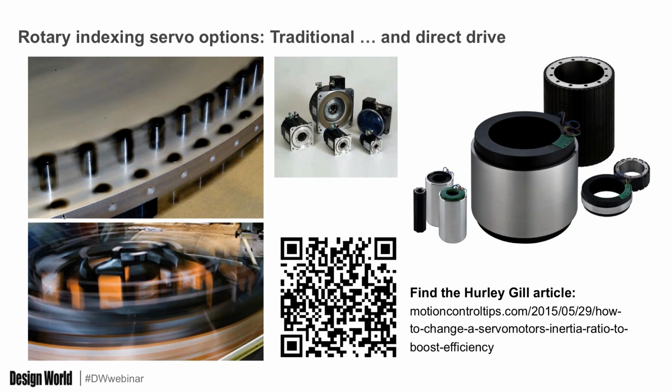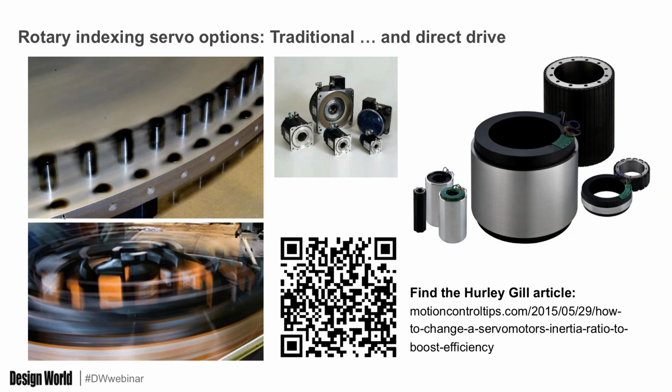In the article, Gill essentially explains how inertia mismatch is not a concrete number, and there's not even a concrete range for every application, but there are some ratio ranges that are applicable and acceptable to specific applications.